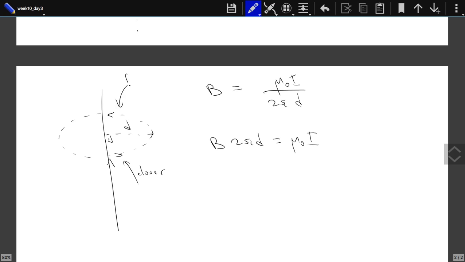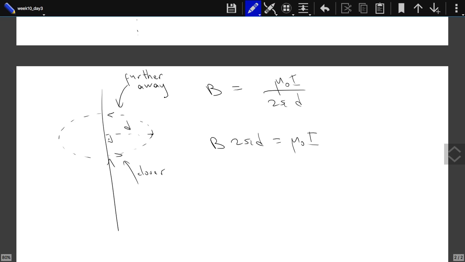This is further away. So I'm imagining this loop. This is my wire. I have such a loop going around the wire. This is just a mathematical loop. If I multiply the magnitude of the magnetic induction on this loop with the circumference of this loop, I get something constant, which is independent of the properties of my loop.